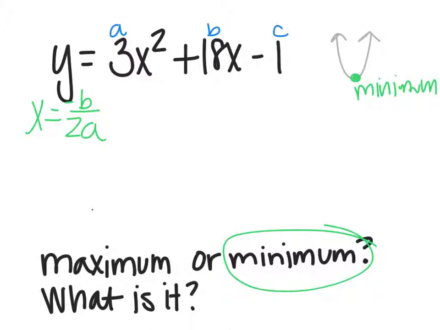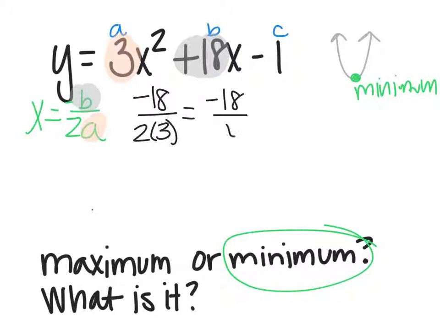So that tells me my b value is positive 18 and my a value is positive 3. So it's going to be negative 18 over 2 times 3. That'll be negative 18 over 6, which is negative 3.